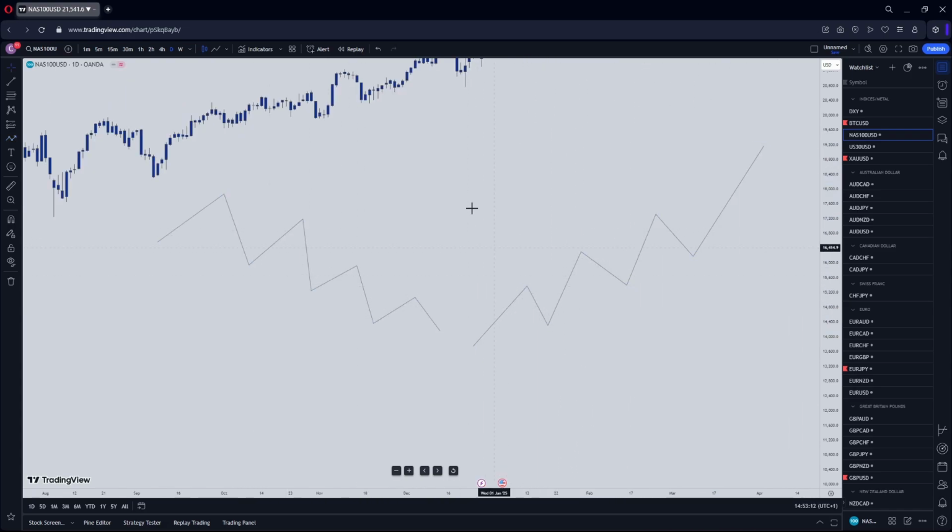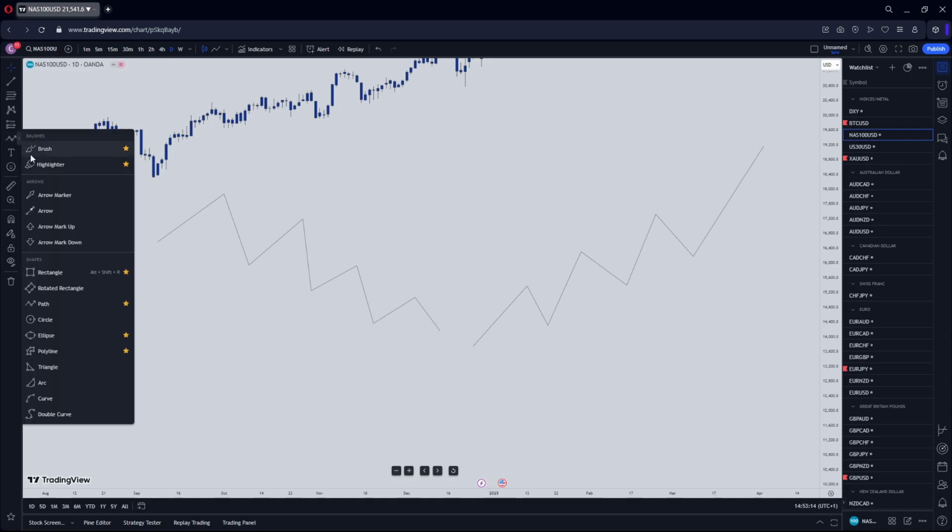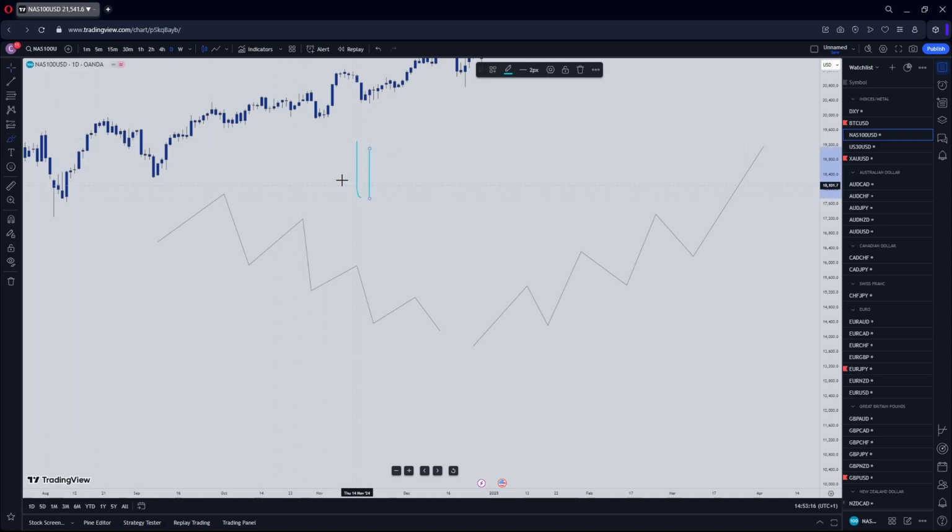Now, remember, the highs are the top. The top of the market is the high. These tops are the highs. So if you see the tops here going up, this top, this top, this top going up, it means that we are buying.